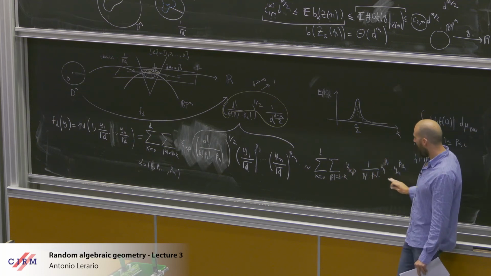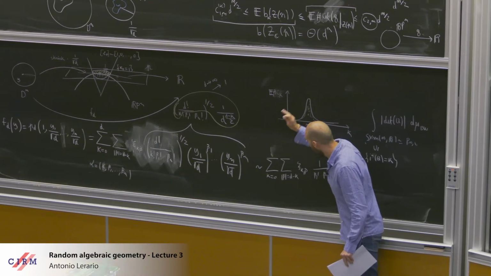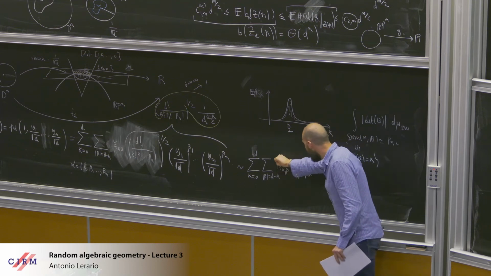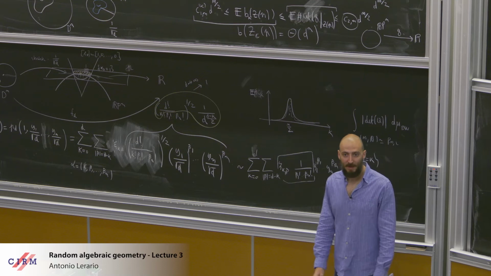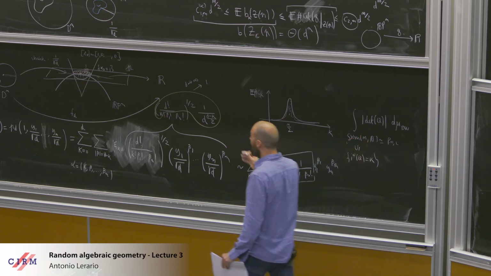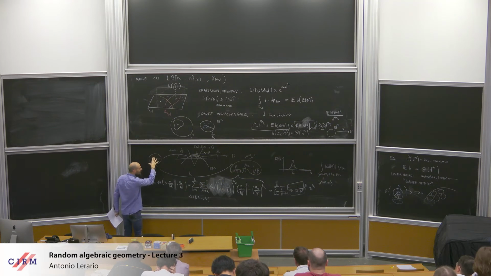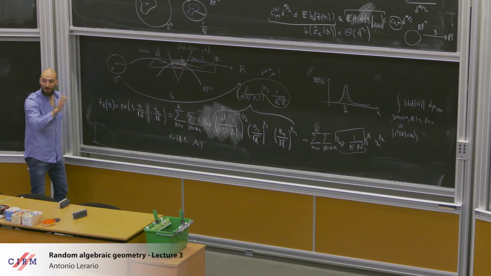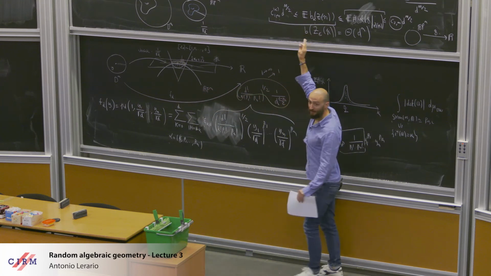Of course, I'm taking the sum up to d, but you can just take the sum to infinity. The randomness has no longer d in it. And this is why, when you look at this small scale, you can think of your polynomial as a random variable with values in the space of smooth functions on the disk. It converges to something. And this is why you get this lower bound.